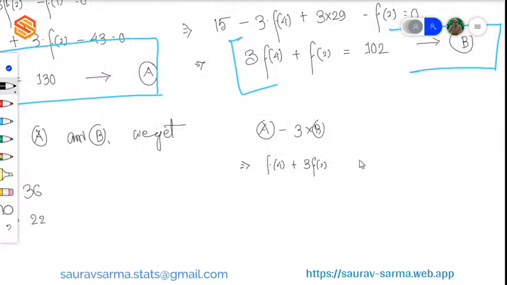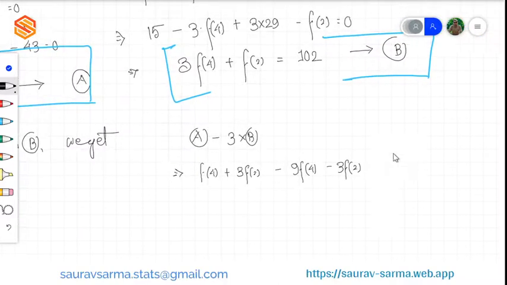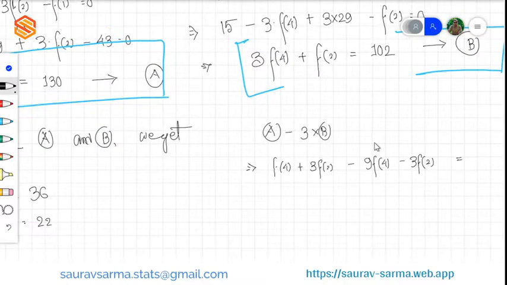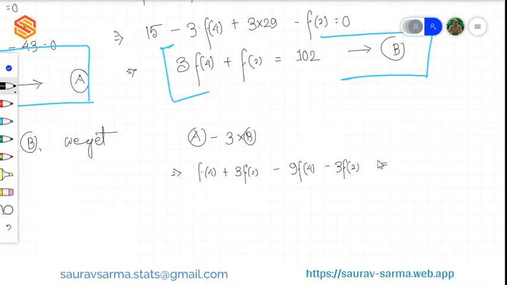Then 3 times B minus A, that means 9 times f of 4 minus 3 times f of 2 is equal to, on the right hand side, 130 minus 3 times 102.